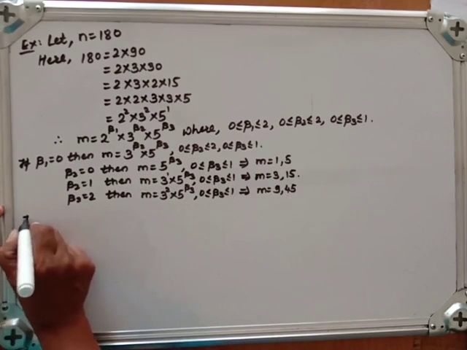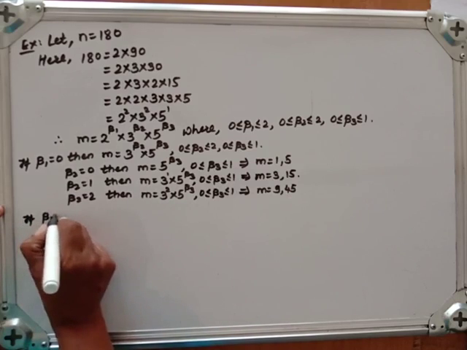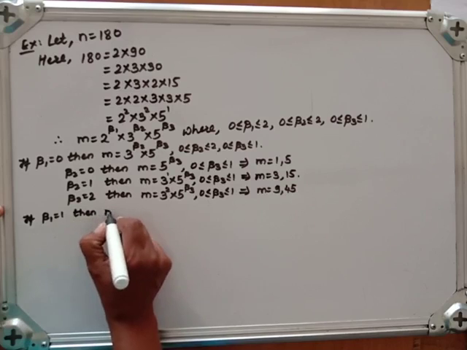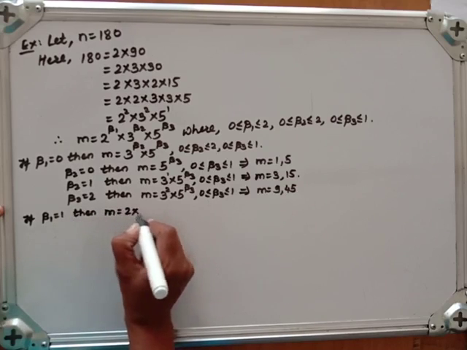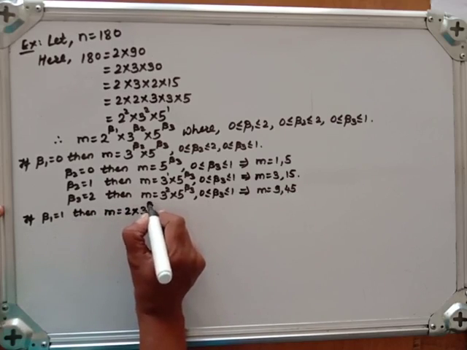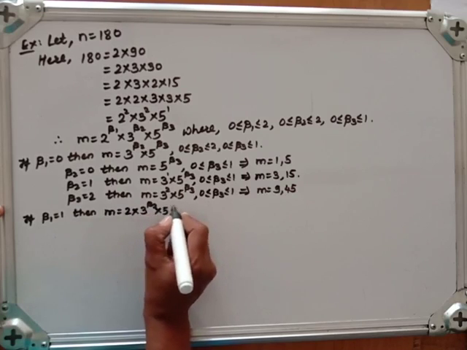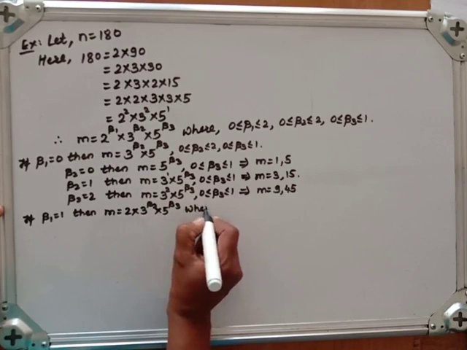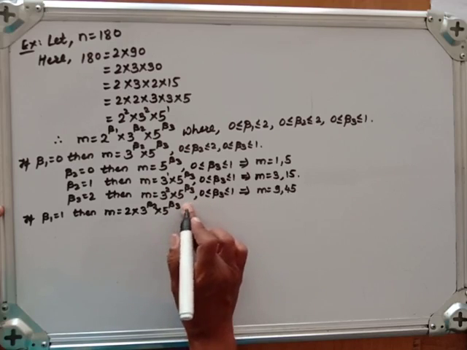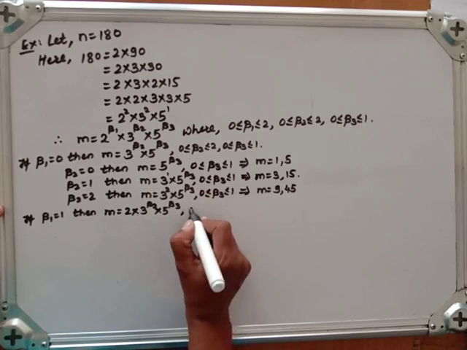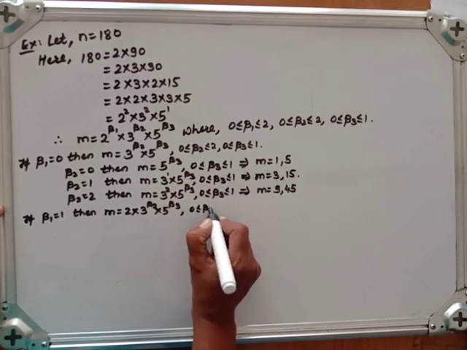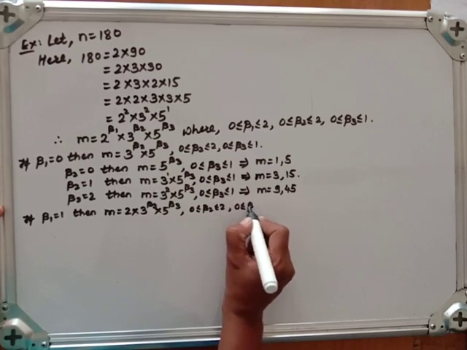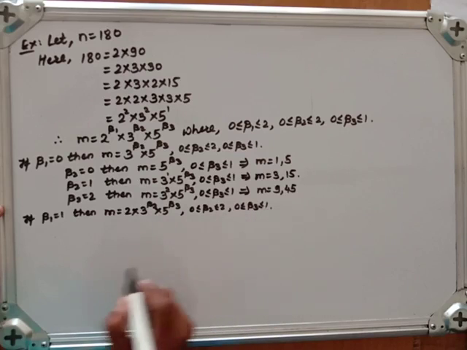Now, if beta 1 is equal to 1, then m equals 2 into 3 raised to beta 2 into 5 raised to beta 3, where 0 ≤ beta 2 ≤ 2 and 0 ≤ beta 3 ≤ 1.